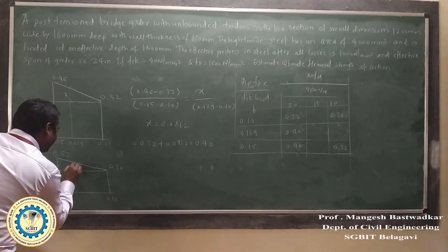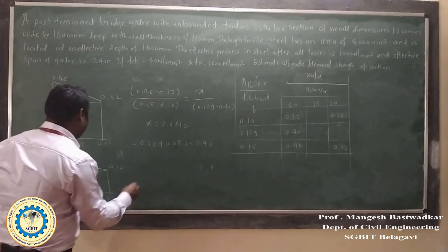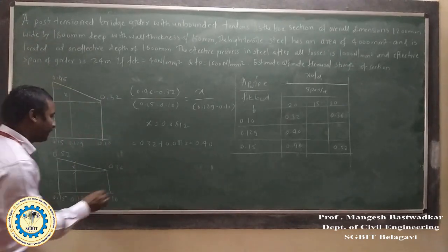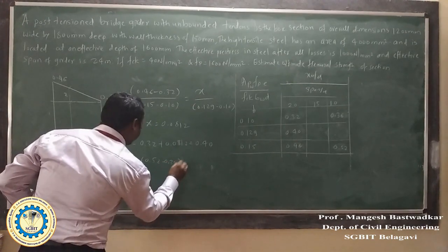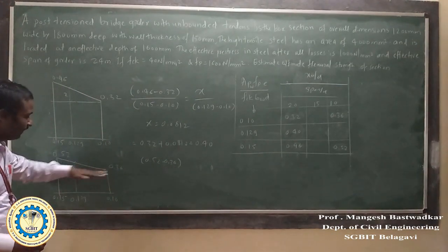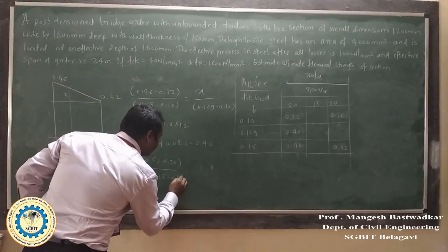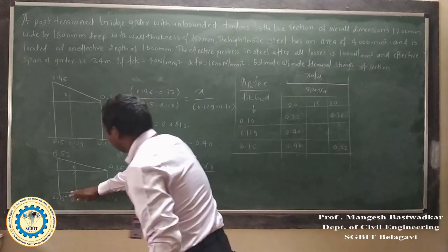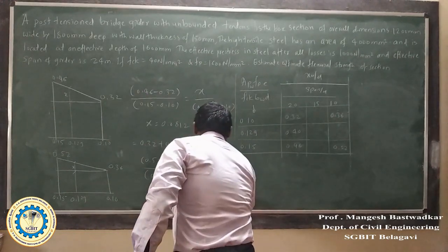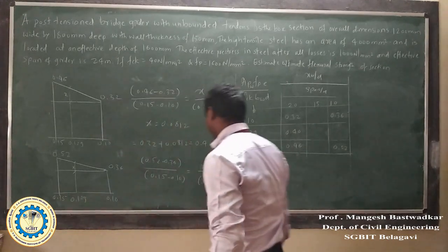For 0.129 you have to calculate this x. Now from the properties of similar triangles again, 0.52 minus 0.36 height, then base is 0.15 minus 0.10, is equal to this x divided by this base, 0.129 minus 0.10.